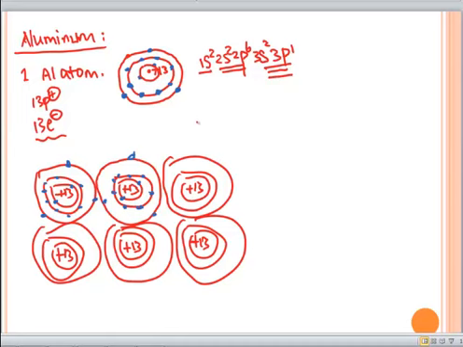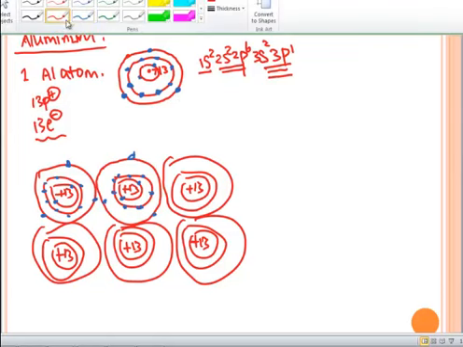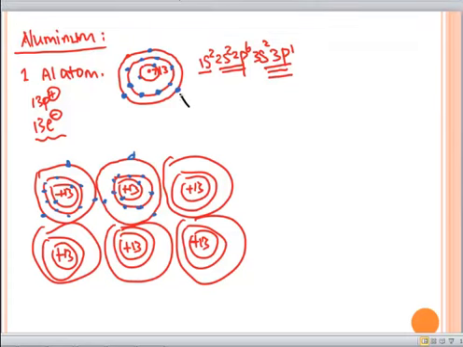Aluminum is a metal. Driven by the octet rule, metal atoms tend to lose their valence electrons, which means those valence electrons are not tightly bound to the nucleus.